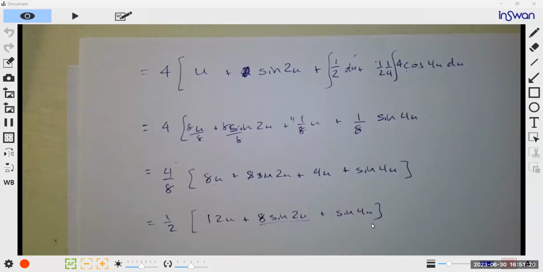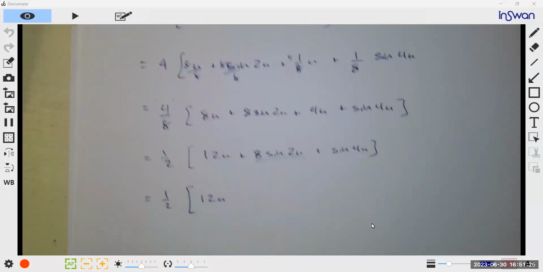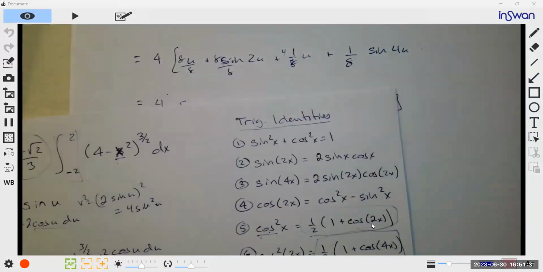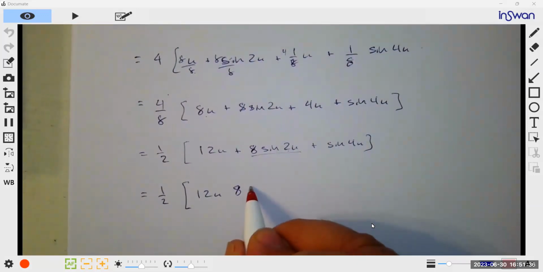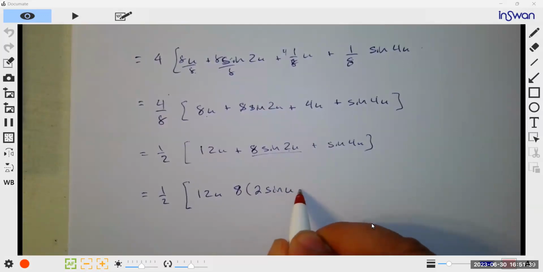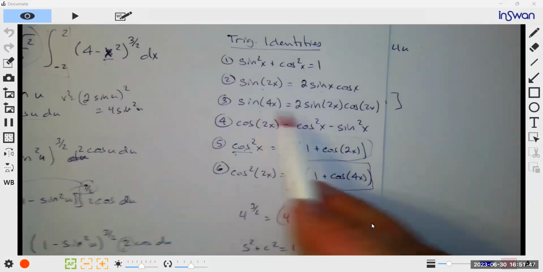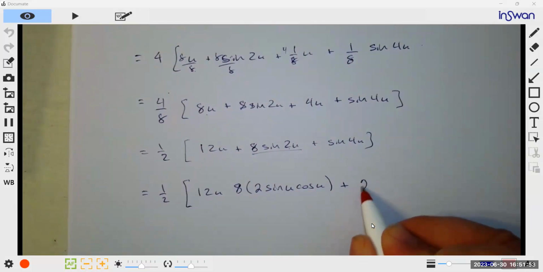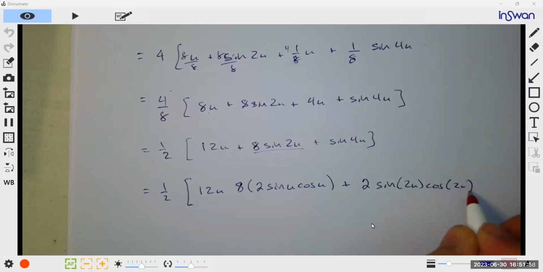Sine 2u is 2 sine u cosine u. And sine 4u is 2 sine 2u cosine 2u.